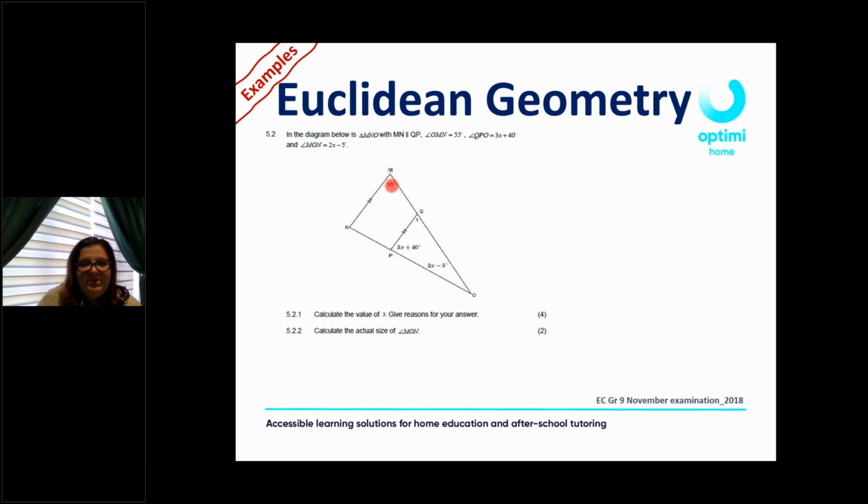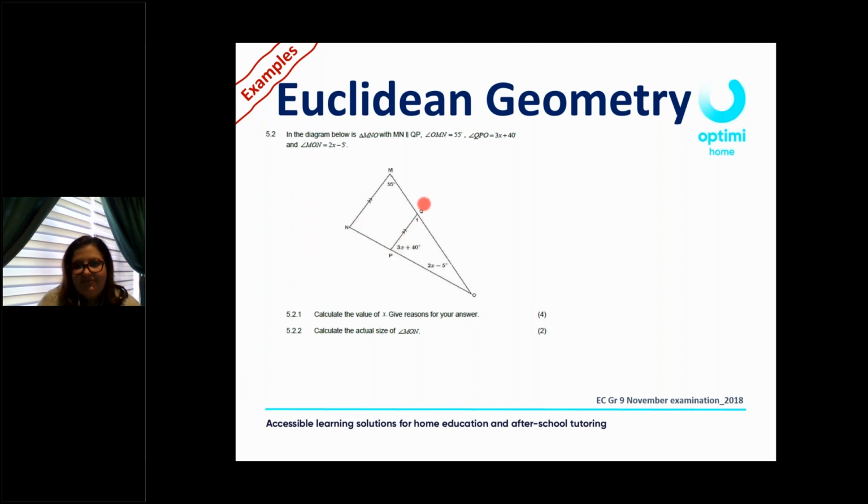So if I look at M, which is 55 degrees, I know that Q1 is actually 55 degrees as well because of common angles. And the two lines that actually allow me to do that are this parallel line MN and the parallel line QP.